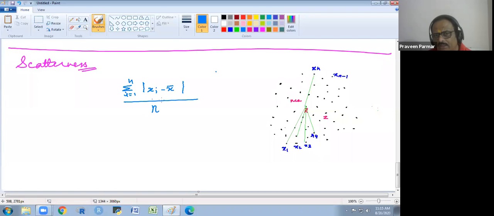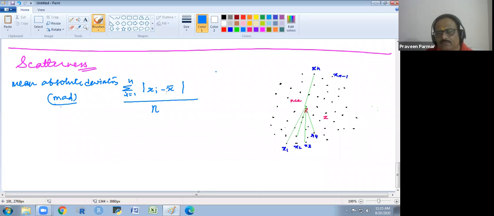So it is the absolute deviation, and we are dividing by n. So it is the mean of absolute deviation. So it is called mean absolute deviation. Got it? It is also written MAD.